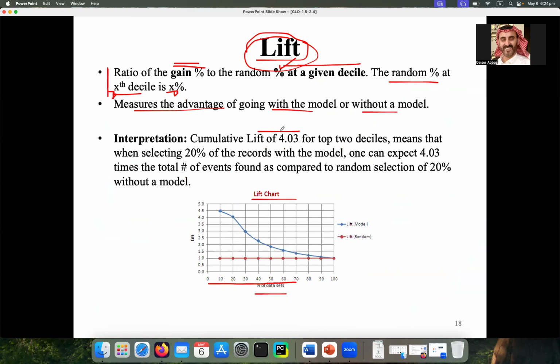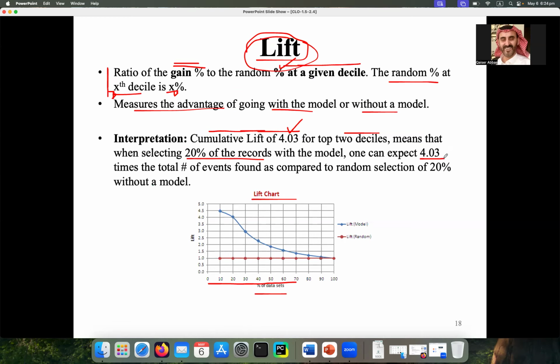So this is cumulative lift. After 2 deciles, we have this value 4.03. What does it mean? It means the same. When our model has seen 20% of the data, and the value is 4.03, what does it mean?